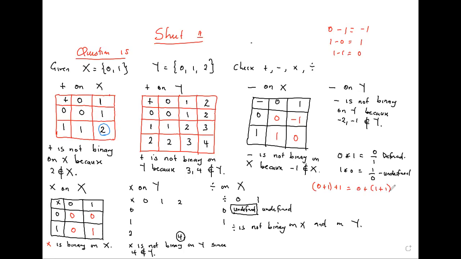So plus and multiplication, these guys are commutative and associative. But division, because of 0 there, it's not for both.